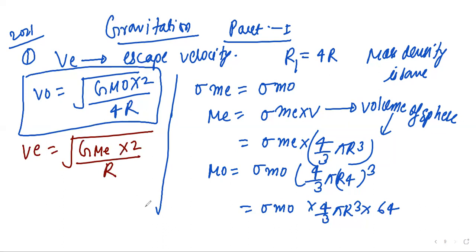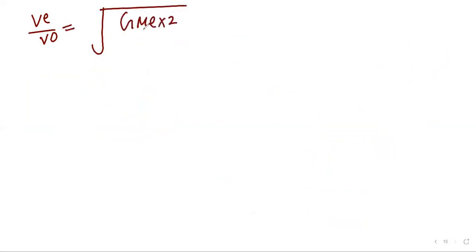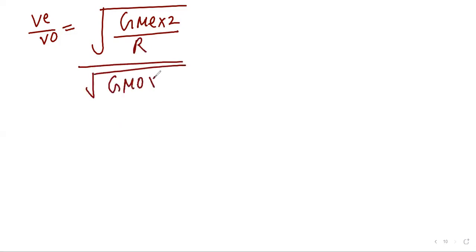Now put the value of ME and M naught. V by V naught is equal to under root of G ME into 2 upon R divided by under root of G M naught into 2 upon 4R. So this G and G will get cancelled, R and R will get cancelled.